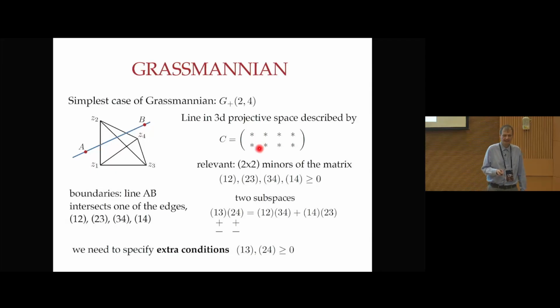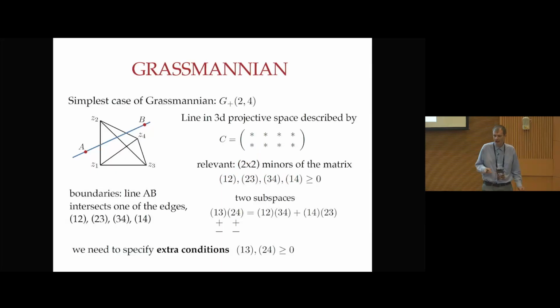And this space has 4 different boundaries. That corresponds to sending some 2x2 minors of the C matrix to 0. In particular, minors 1,2, 2,3, 3,4, and 1,4.